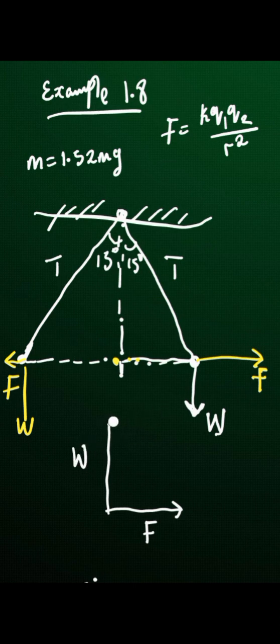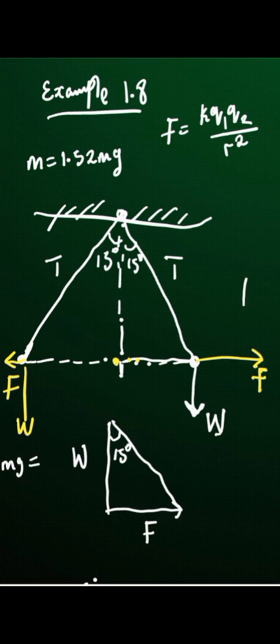So my tension will be along this axis, and my angle remains 15 degrees. So how can I get this force here? Recall that this weight is equal to mg.